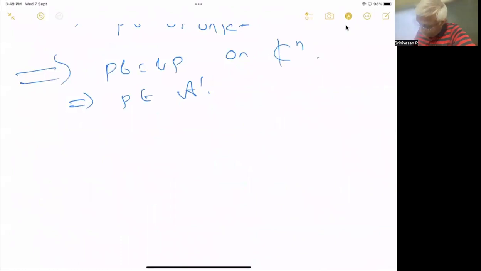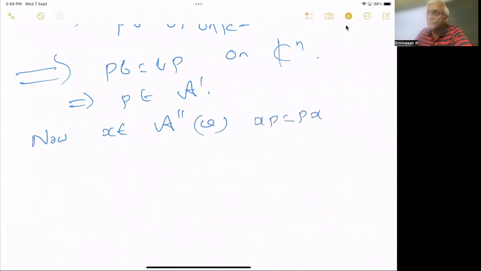X is in A double commutant. That means X commutes with everything in A commutant. That means XP equal to PX.